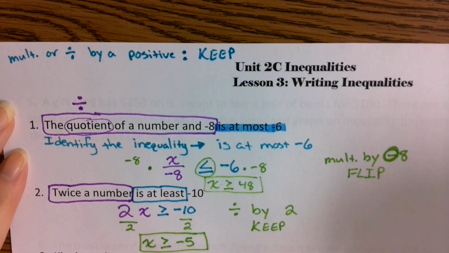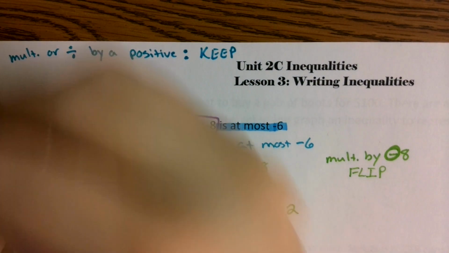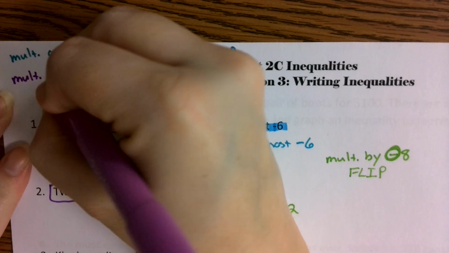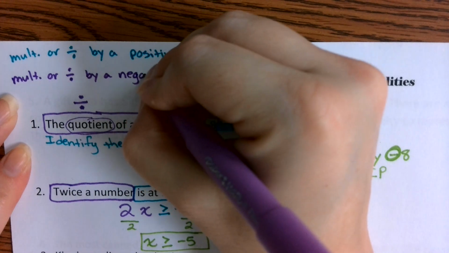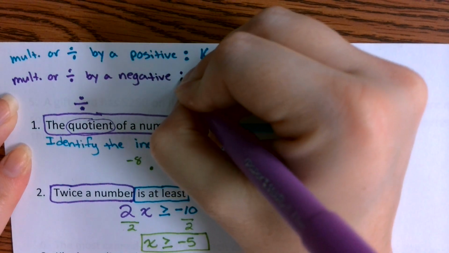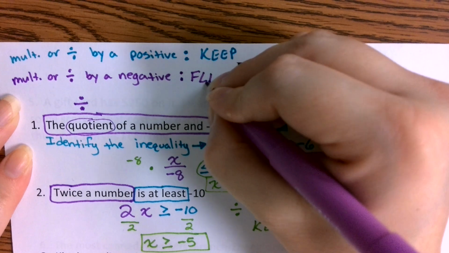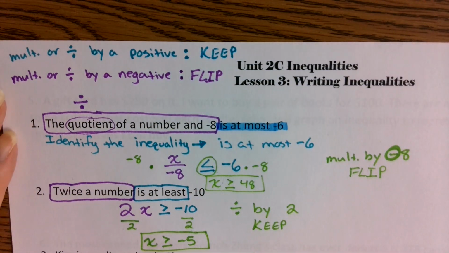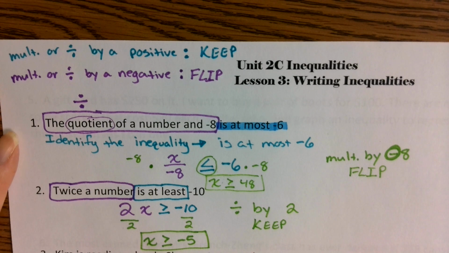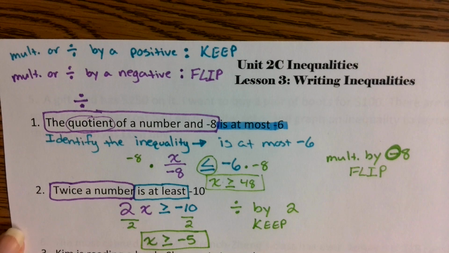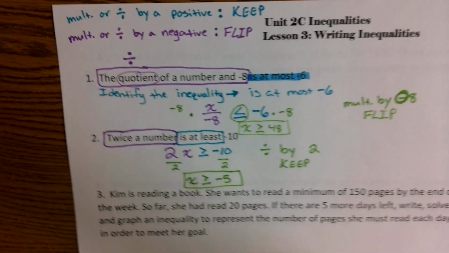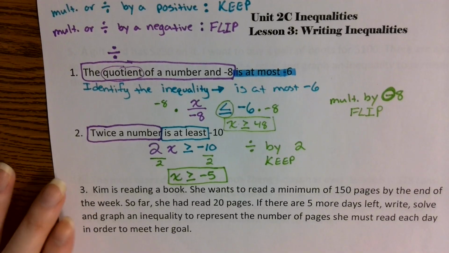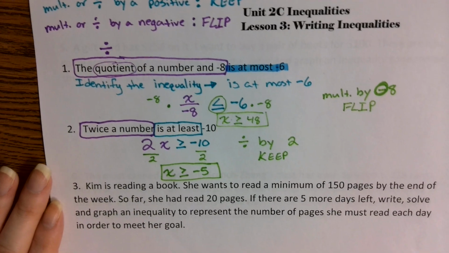If you multiply or divide by a negative, you're going to flip. Okay? All right. So those are just some easy little quick translation phrases. Most of the time you're going to be working with word problems that you're going to have to translate.